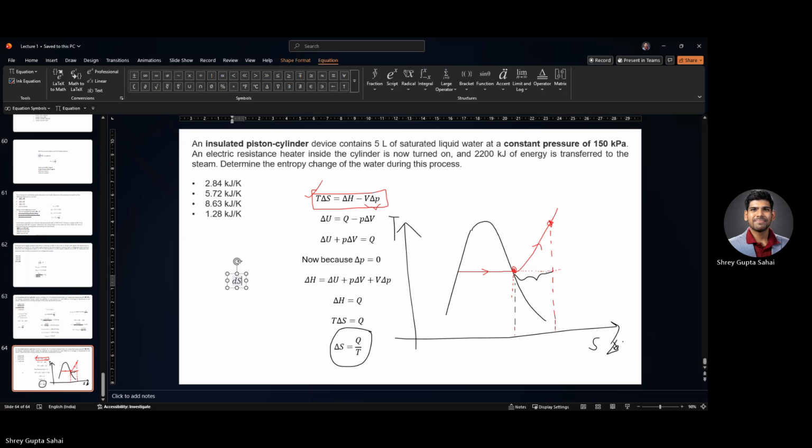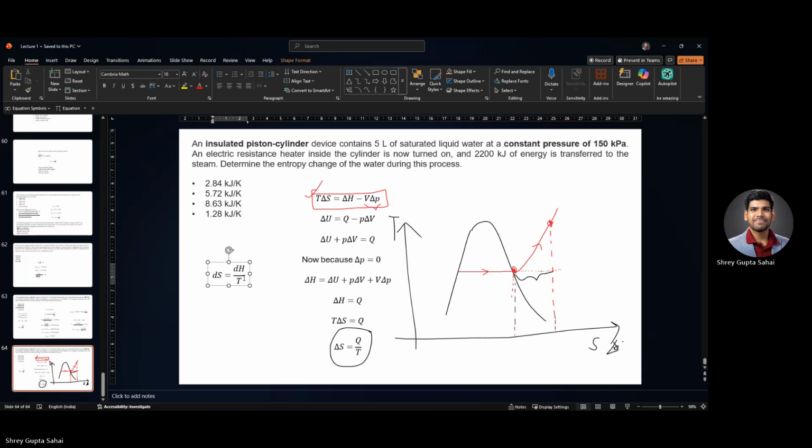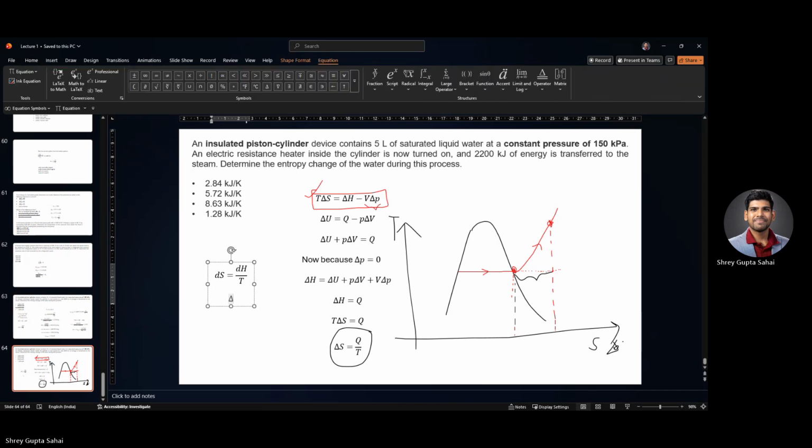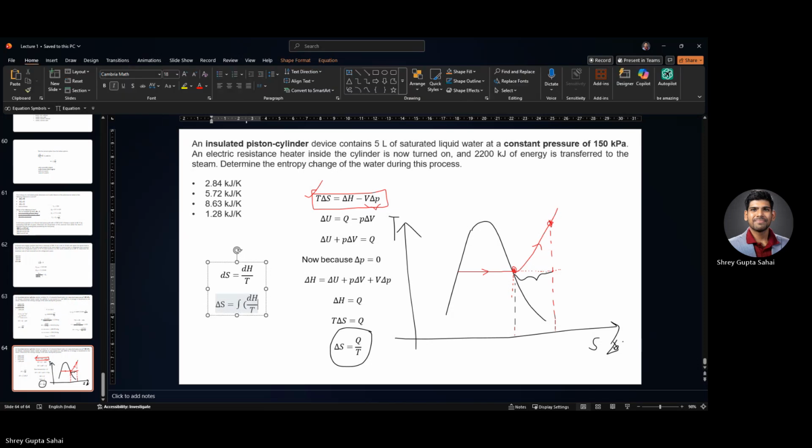So dS will be dH by T, and this will be the integral of dH by T. In that case, this will not remain applicable.